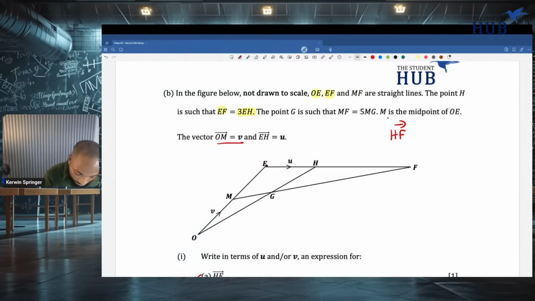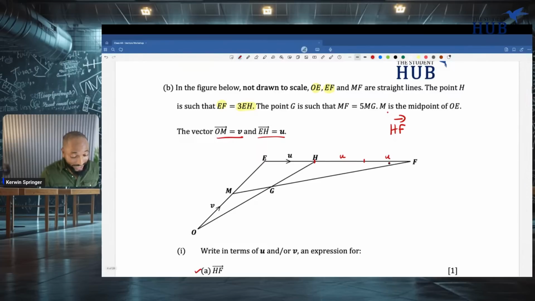E to F is 3 times the distance as E to H. So I can think of this as having a next spot here and I cut EF into 3. And if EH is U, then this is also U, this is also U. So what is HF? HF is not 3U. H starts here.